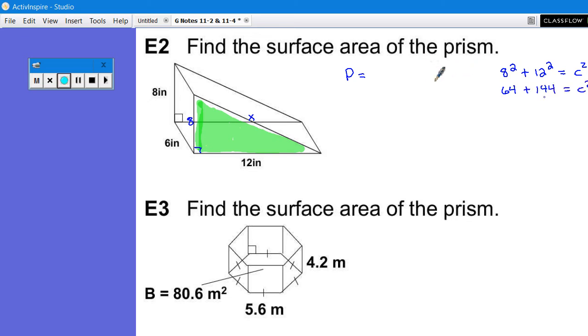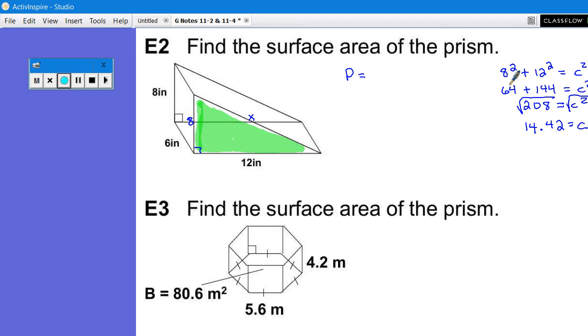When you add those two together, you're going to get 208 equals c squared. And remember, to get rid of a square, when we're solving an equation, we take the square root of both sides. When you take the square root of both sides, that's going to give you 14.42 equals c.